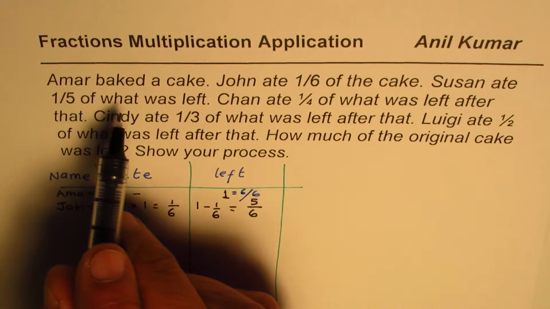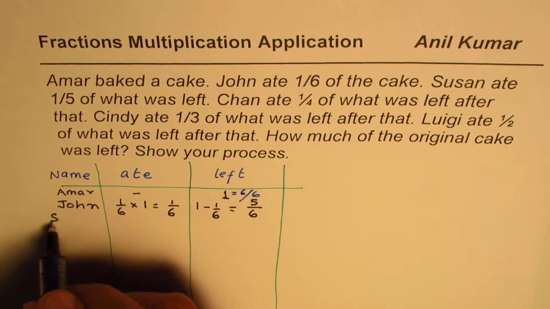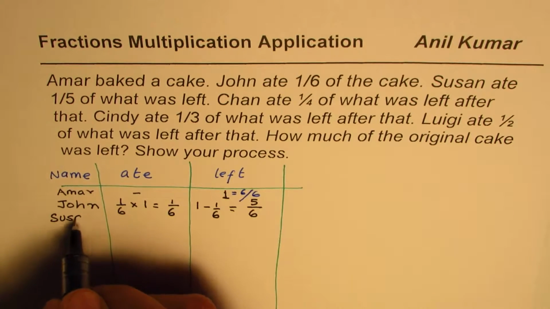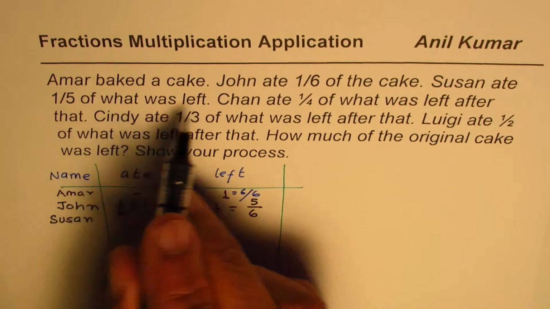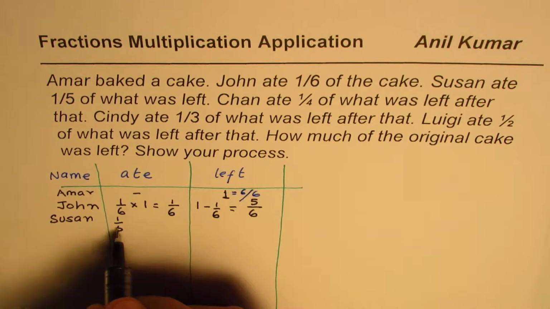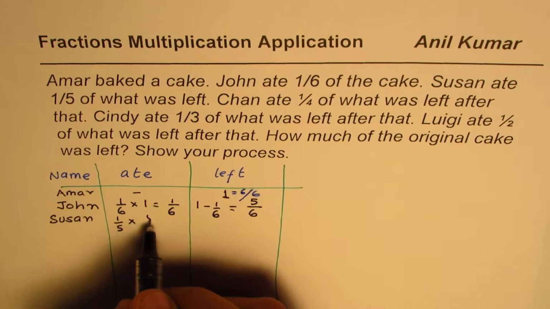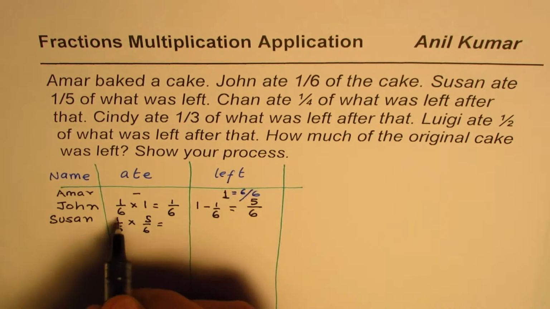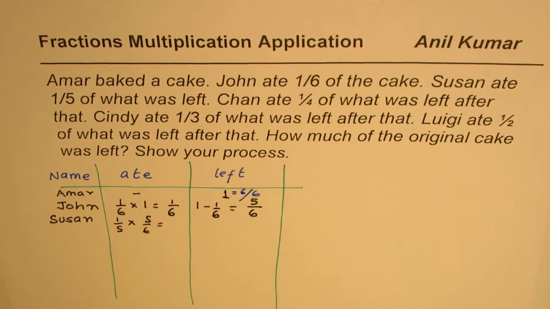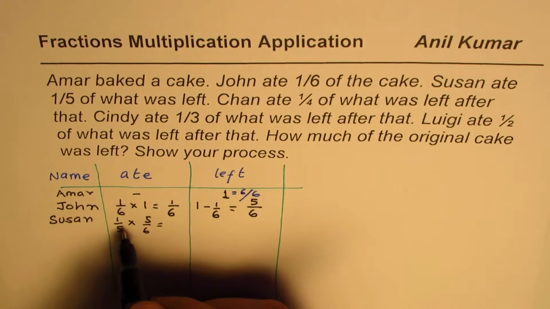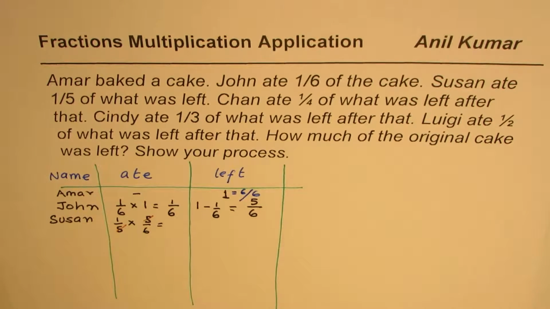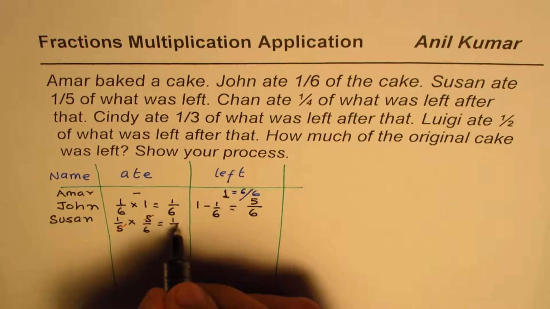Let's move on. Susan ate 1/5 of what was left. Ate 1/5 of means times. Left is 5/6. So 1/5 of 5/6 is, you can see here that 5 and 5 cancel out. So it is 1/6 again. This is a very interesting question.